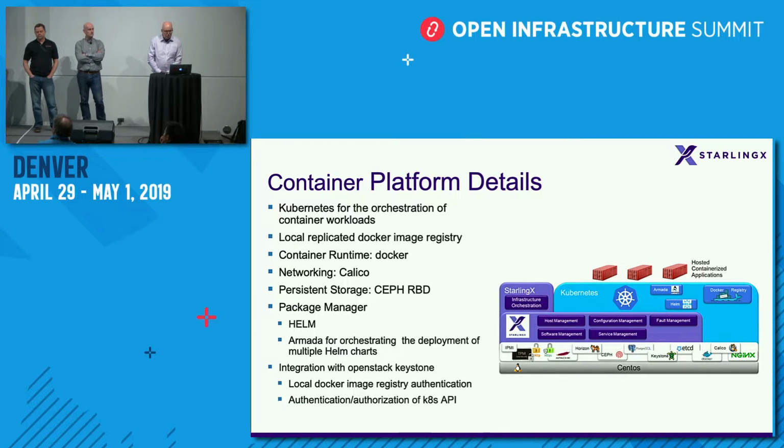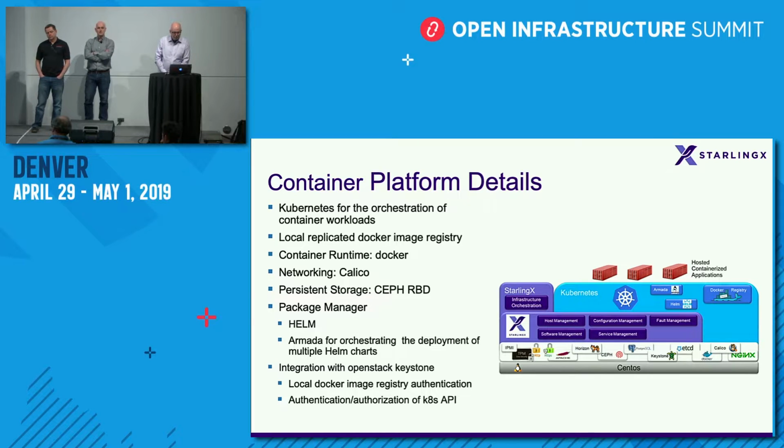So just some details of our container platform. As I mentioned, Kubernetes is the orchestration engine for container workloads. As part of our platform, we provide a secure local Docker image registry. We're using Docker as our container runtime. We're leveraging Calico as our cluster networking.